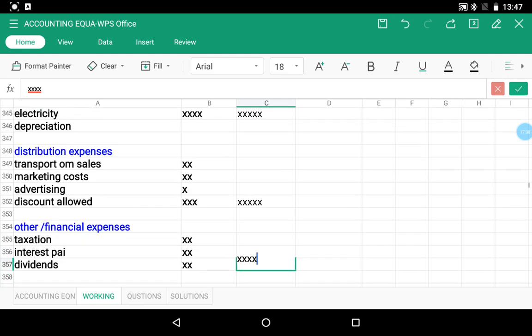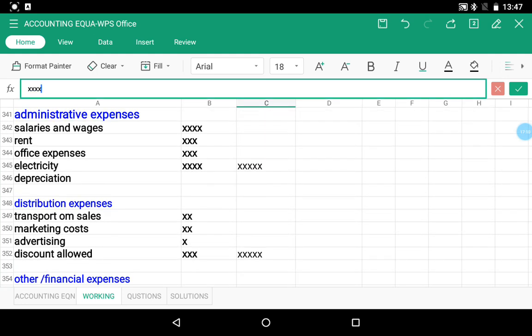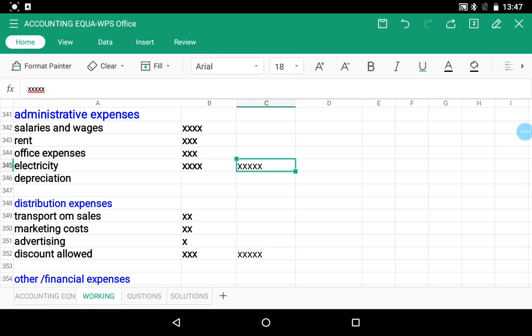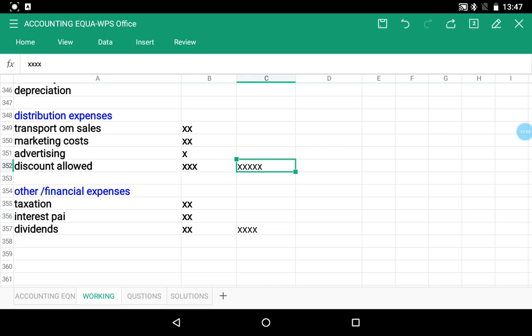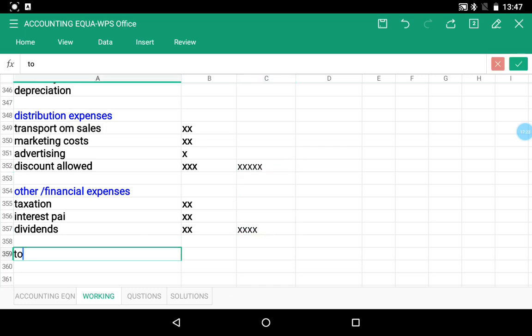So when you get your administrative expenses, plus distribution expenses, plus other expenses or financial expenses, we come and get total operating expenses, the expenses that you incurred while operating your business.